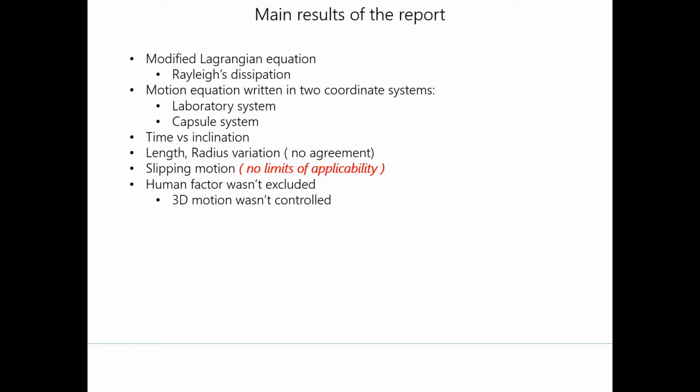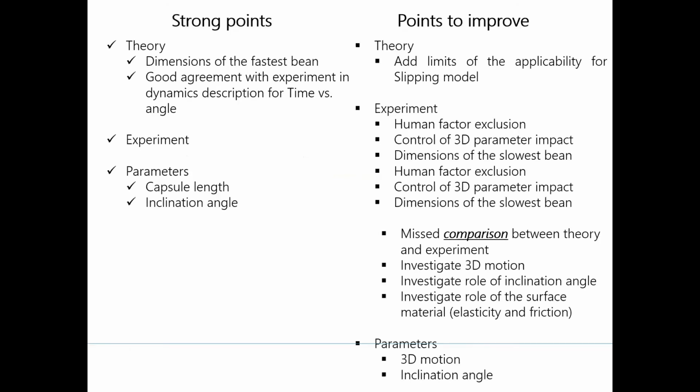Also, in the experimental part, the reporter varied the capsule's length, capsule's diameter, and inclination angle. But I'd strongly recommend the reporter also check changing the densities of capsules and run experiments with the ball that he put inside the capsules.